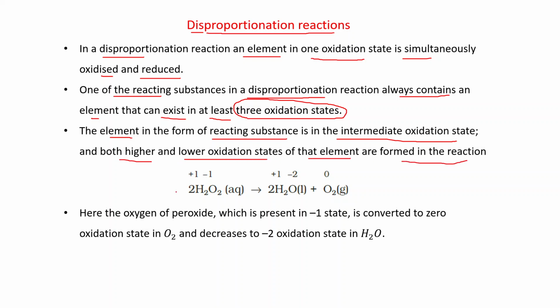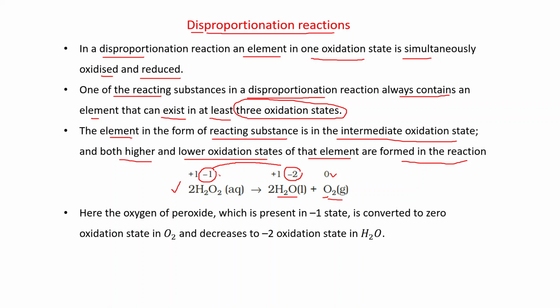For example, H2O2 decomposes to give H2O and oxygen. Now let us see. Oxidation number of oxygen in H2O2 is -1. Clear? Peroxide. Oxidation number of oxygen in water is -2. This is a decrease in oxidation number, so this is a reduction. But oxidation number of oxygen in O2 is 0.